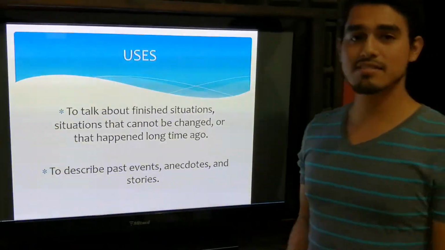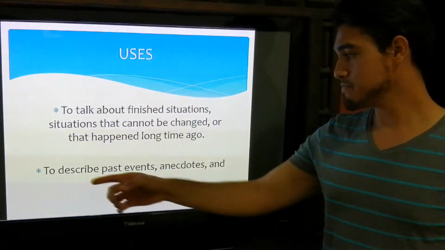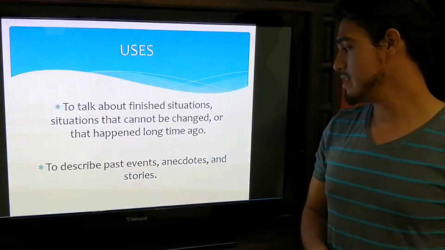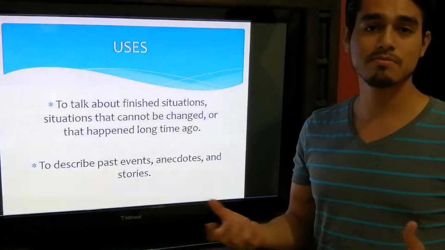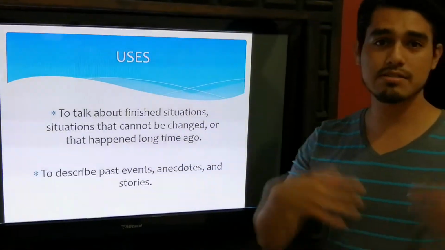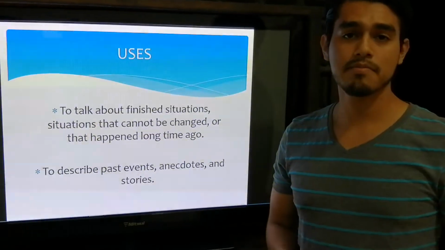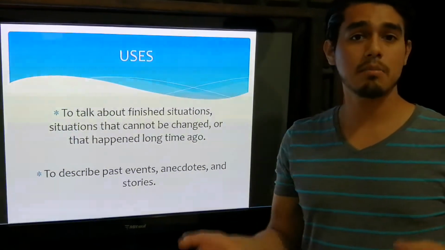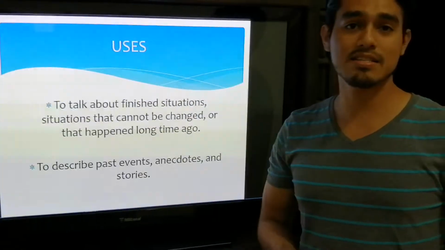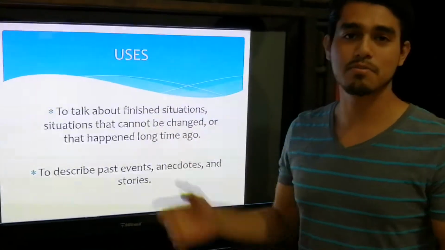And past simple also helps us to describe past events, anecdotes, or stories. Okay? This is pretty common. When you tell your friends or tell someone what happened yesterday, you use past simple, right? So whatever you say about the past, you use the past simple tense. Okay, so it's pretty simple, right?